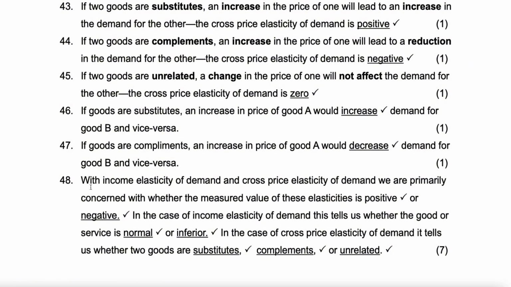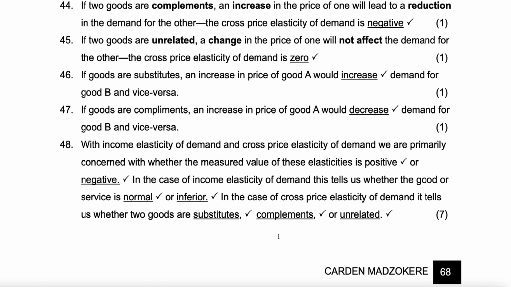Lastly, with income elasticity of demand and cross elasticity of demand, we are primarily concerned with whether the measured value of these elasticities is positive or negative. In the case of income elasticity of demand, this tells us whether a good is normal or inferior. In the case of cross elasticity of demand, this tells us whether the goods are substitutes, complements, or unrelated.